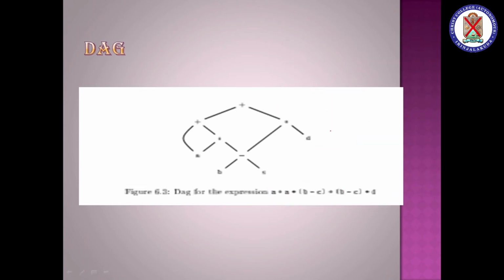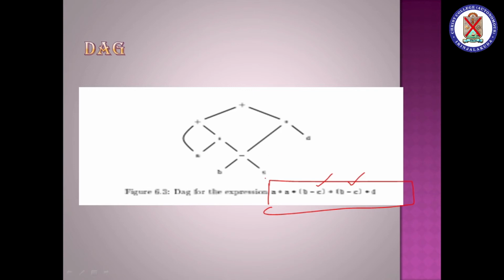We are moving to that concept. Look at here, this is an expression and this is the common sub-expression here and here. So a common sub-expression must only be represented one time, isn't it? If we represent it more than one time, that is called redundant. Also A is repeated in the parse tree.